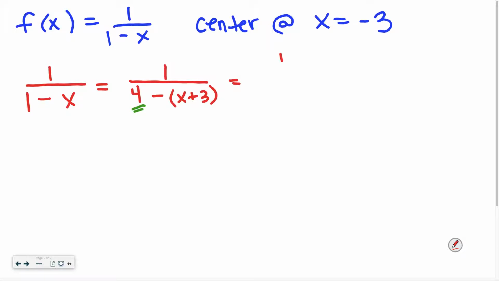So we're going to have to multiply numerator and denominator by 1/4. Now this looks like a over 1 minus r.